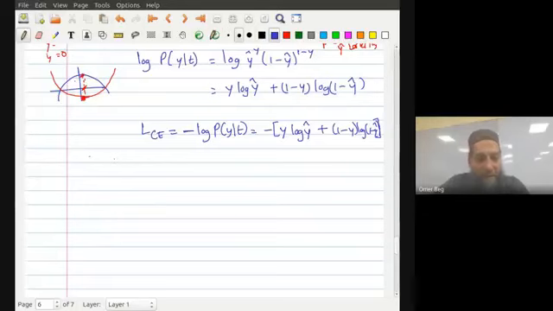Now, let me detail this a bit and plug in the value of y hat. We had y hat being the sigmoid of wx plus b.